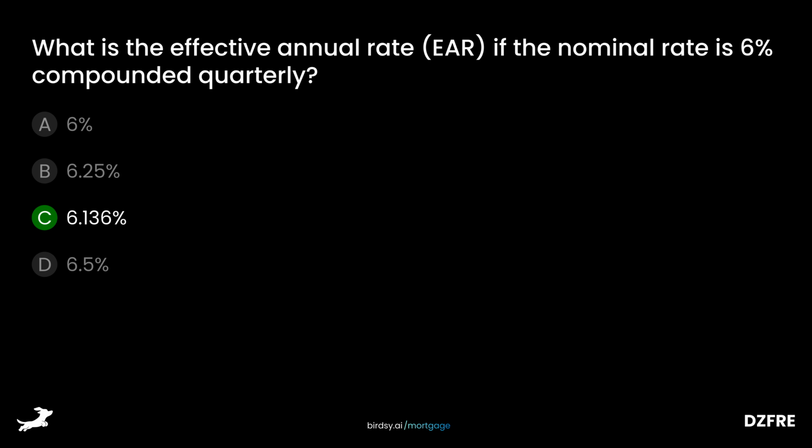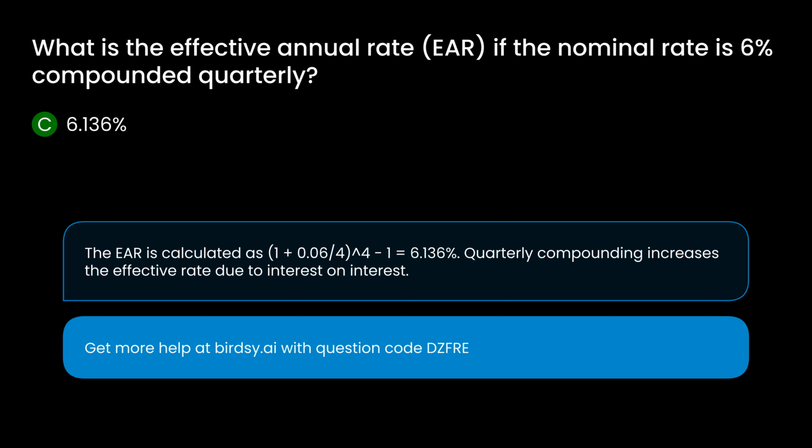The answer is C, 6.136%. The effective annual rate is calculated as (1 plus 0.06 divided by 4) to the power of 4 minus 1, which equals 6.136%. Quarterly compounding increases the effective rate due to interest on interest.